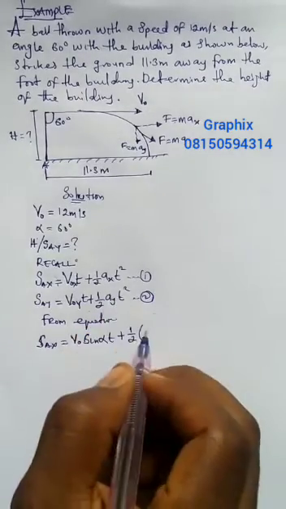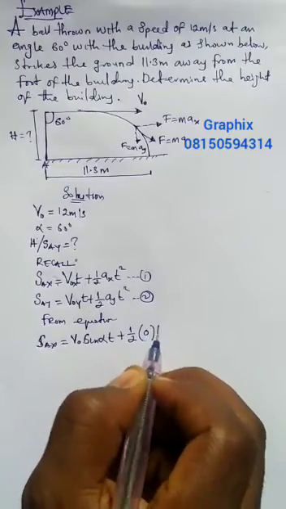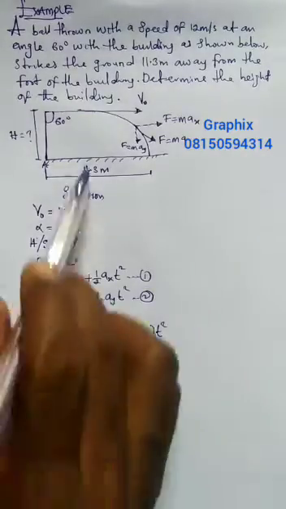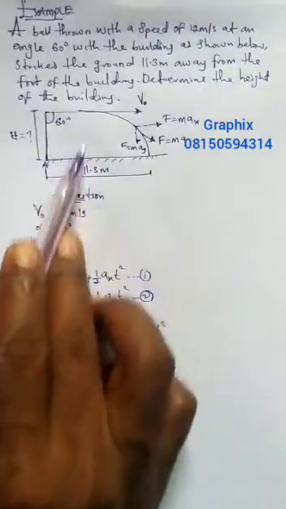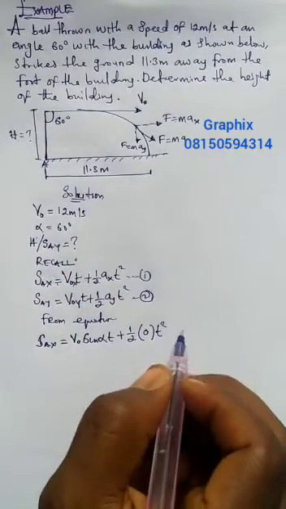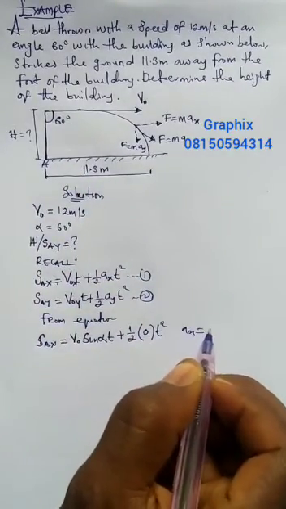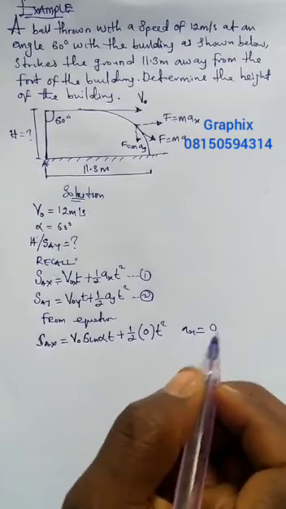My AX is given as 0. Remember, along the X axis there is no gravitational force pulling it down, so AX is equal to 0.